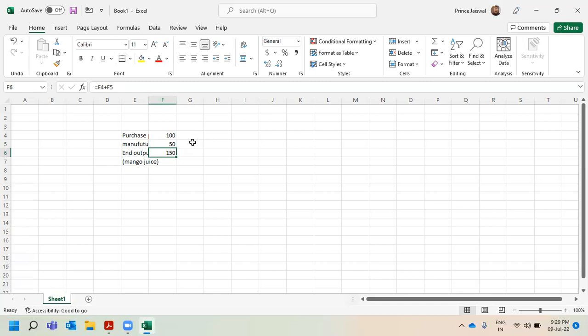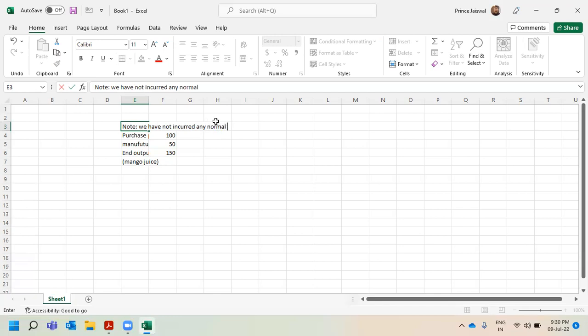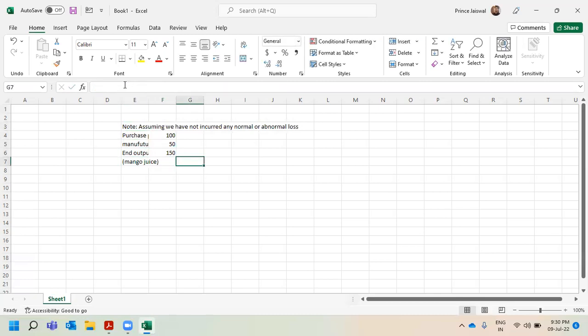And the second thing, the note that I have to write here is that we have not incurred any normal or abnormal losses. Assuming we have not incurred any, this is my cost.